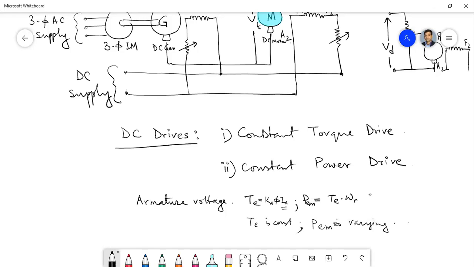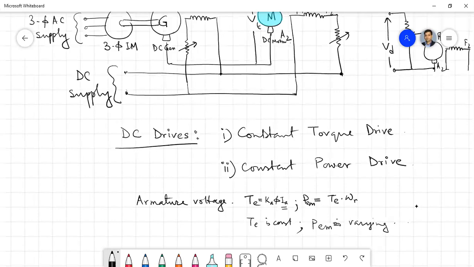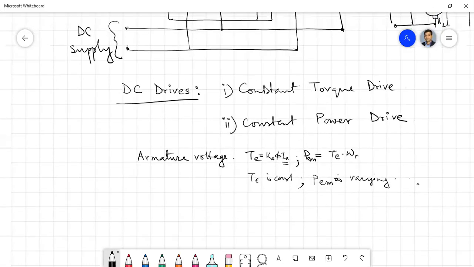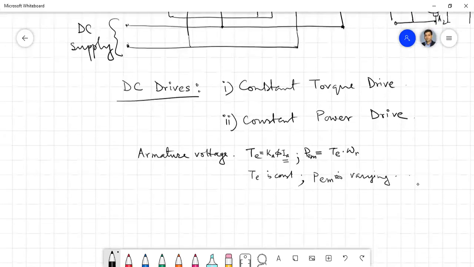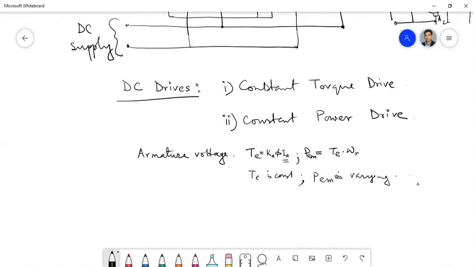Power varies, but the torque is constant. So armature voltage control can be used for a constant torque drive. This is applicable for option 1, that is the constant torque drive.